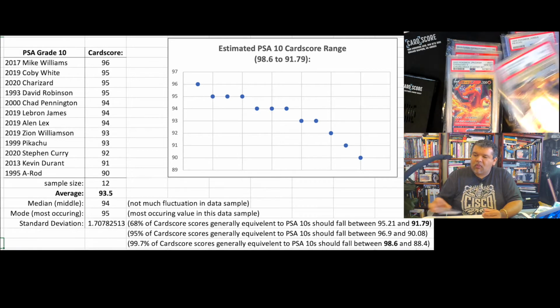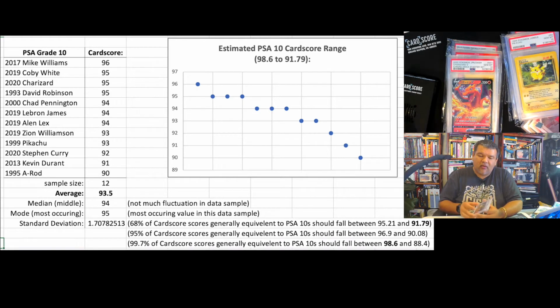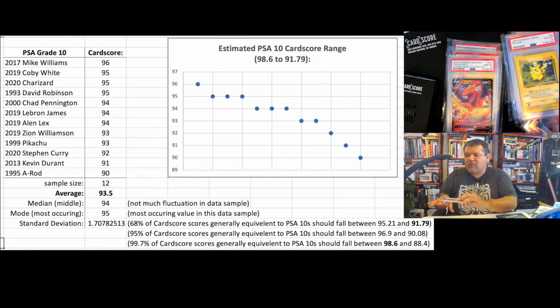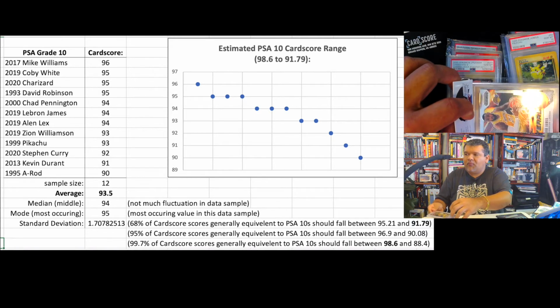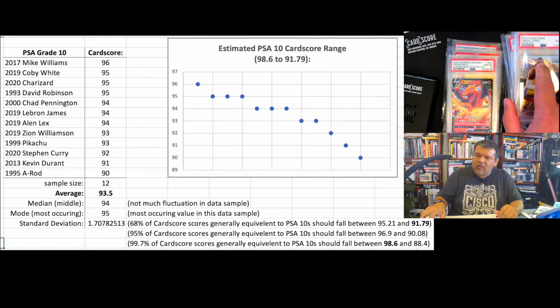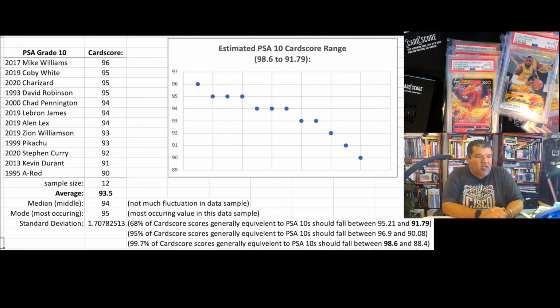I was scanning my PSA 10 cards outside of the plastic sleeve, situating them on the scanner such that the PSA label was just off the bed and not part of the scan, so that all the scorers are seeing is the card and not the label, so as not to bias their scoring. My sample size was 12, relatively small, but I think I'm getting some good data here.